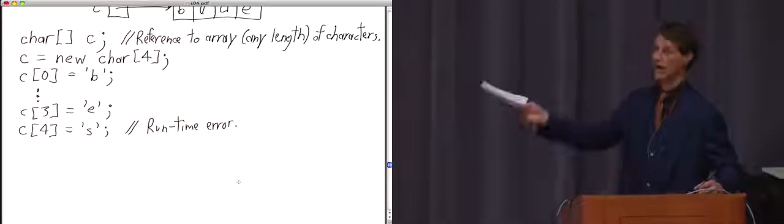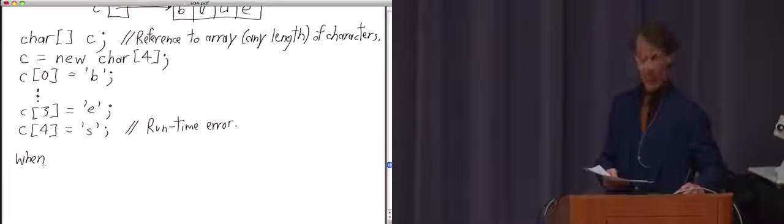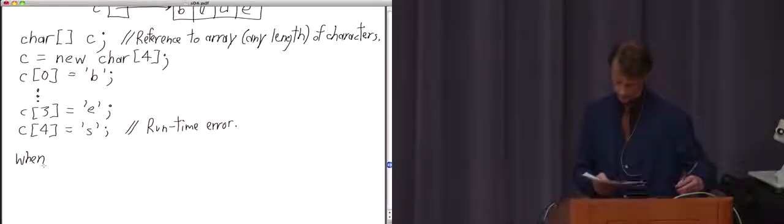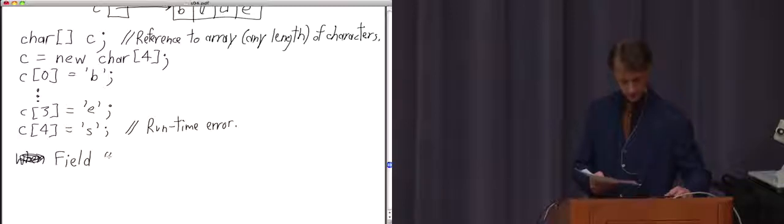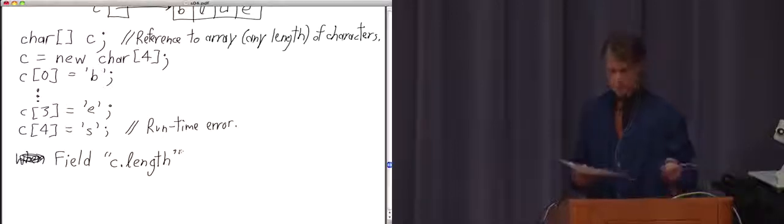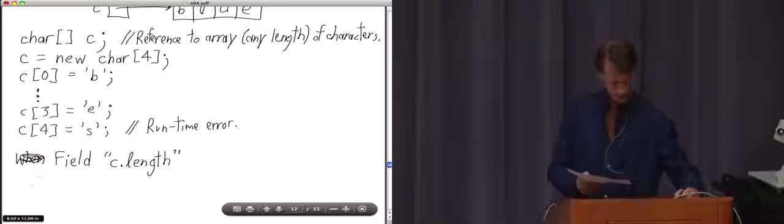When you have C referencing an array, you can look up the length of that array, because every array has a length field that tells you how many elements are in it. So if your array reference is C, then you look at C.length.